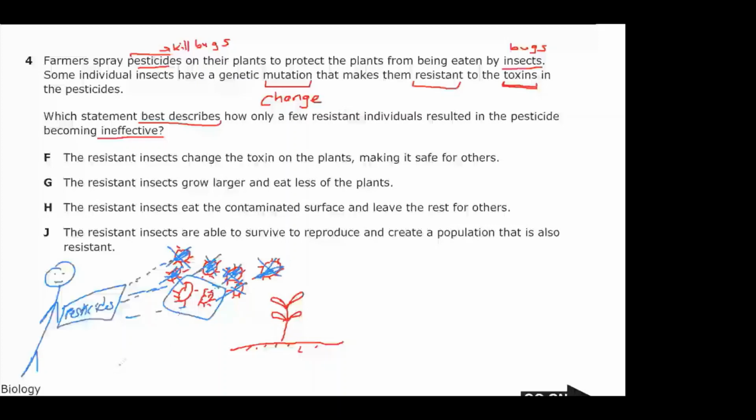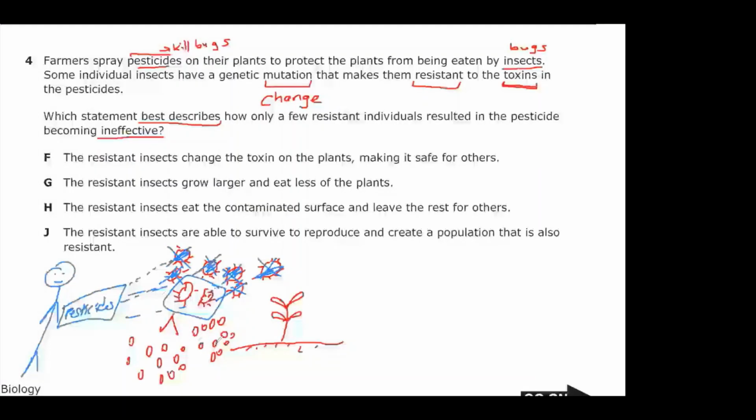Let's say those get to survive and the rest of them are killed by the pesticide. But what will happen? Those two bugs will continue their life. They're going to reproduce. They're going to have more bugs, offsprings. They're going to make big families with more bugs.